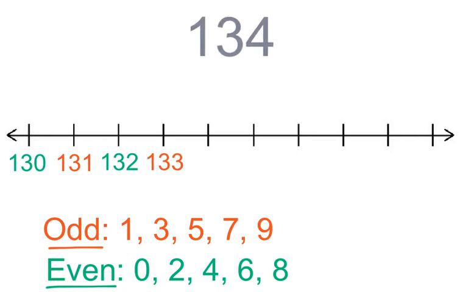Look at the number 134, and today I want you to write down your prediction. Is 134 odd or even? If you said even, you are correct. 134 is an even number because it ends in the number 4.